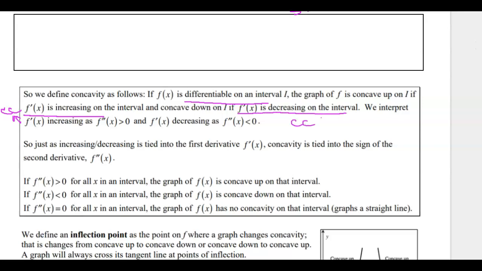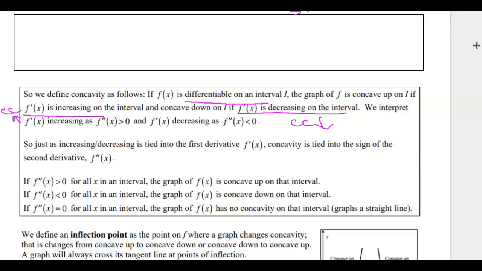We interpret f prime increasing as f double prime is greater than 0. Does that make sense? If you want to know if something is increasing, you take its derivative. That's why it's referring to the second derivative. That's a connection that I think gets lost.